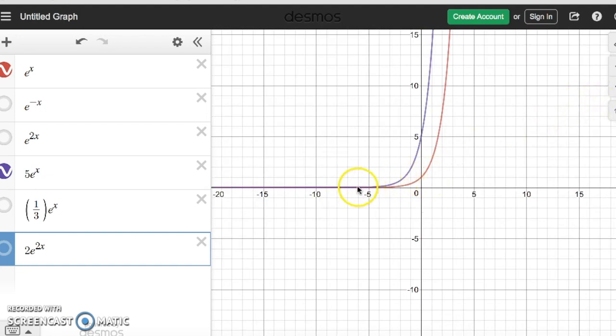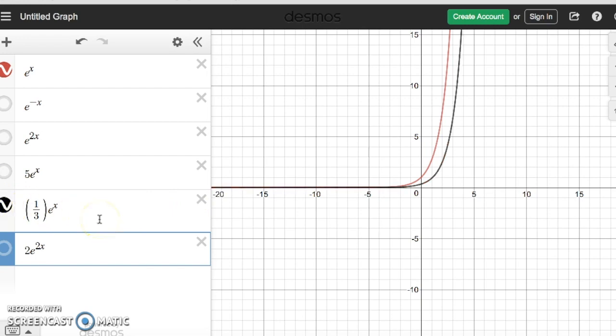So this graph, we see that it starts to accelerate just a little bit faster. In fact, if we look at things like e to the 0 power, that would be 1. So instead of crossing over at 1 here, it crosses at 5. So everything is just kind of brought forward here a little bit. That's one way to look at it.